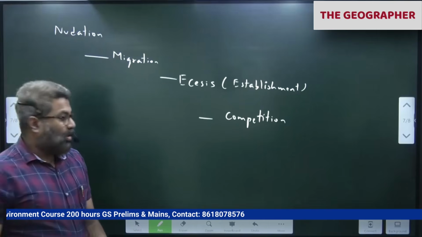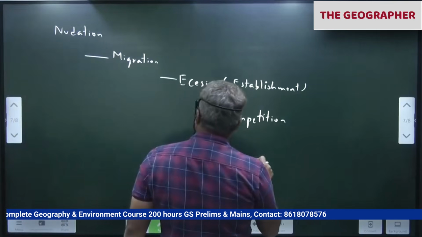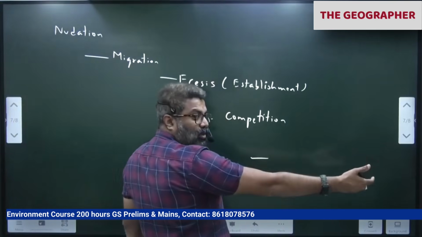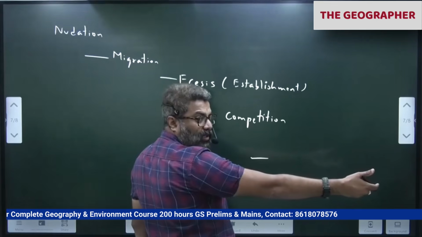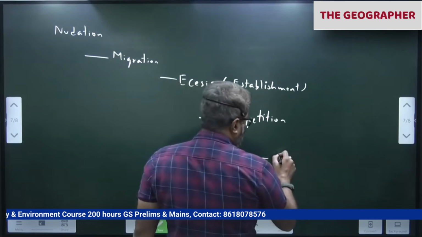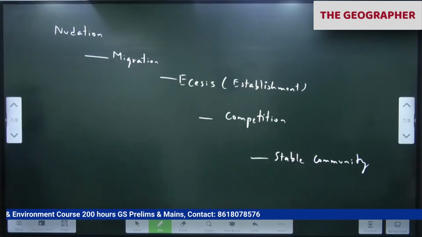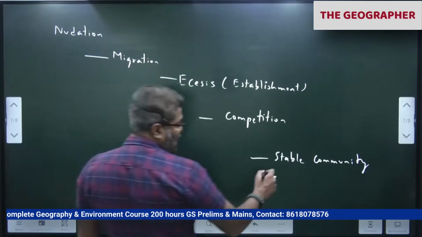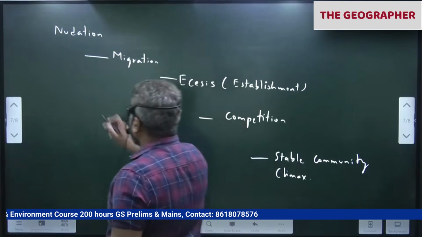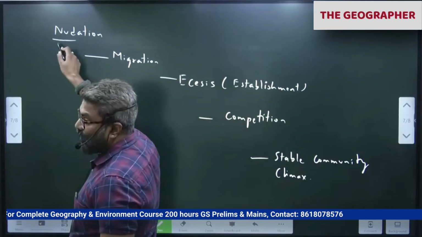Competition and coaction. After that, what happens? Finally, a more stable plant community is achieved. That is called climax. So it all starts from the barren surface, the nude surface.